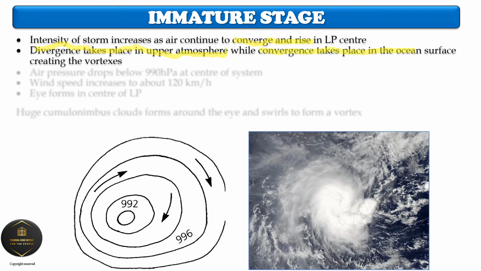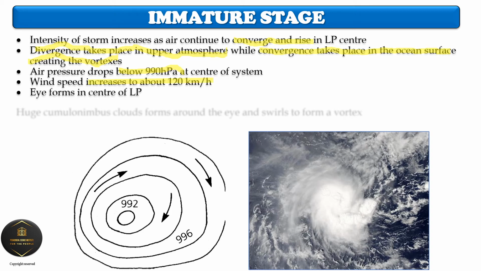In the ocean surface. And this creates your vortexes, right? And you have air pressure dropping to below 990 hectopascals at the center of the system, and the wind speed also increases. And why does it increase? Because the pressure gradient force is also relatively increasing, right?